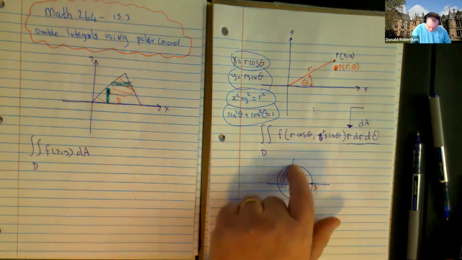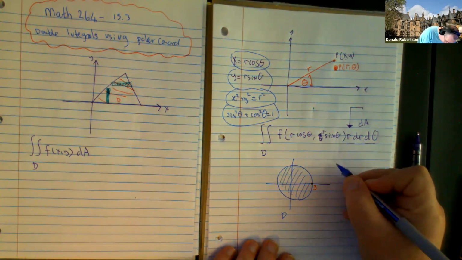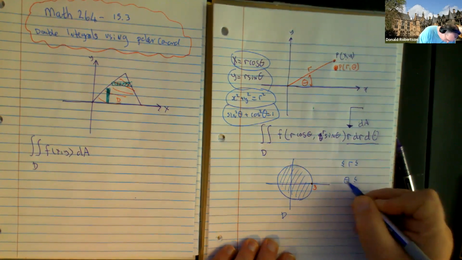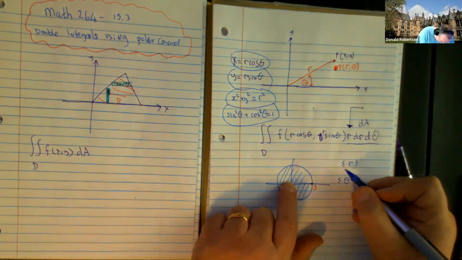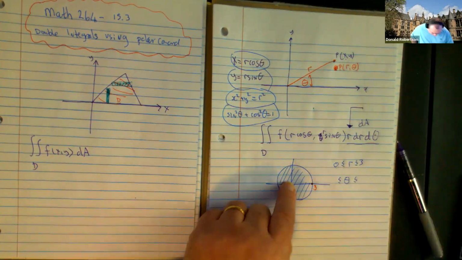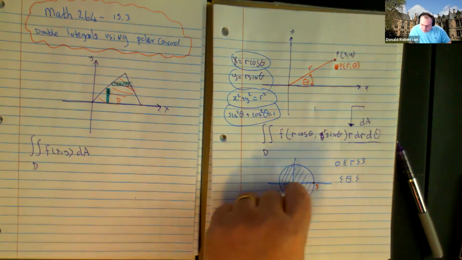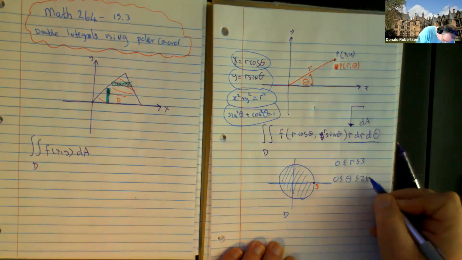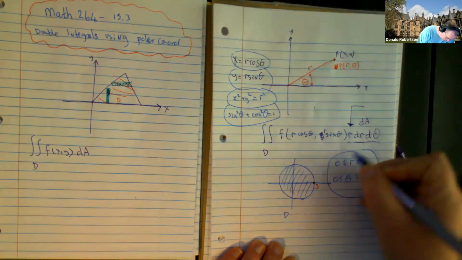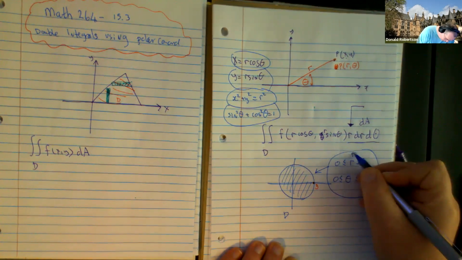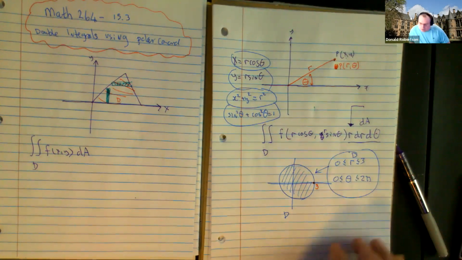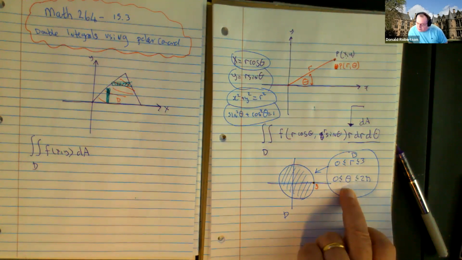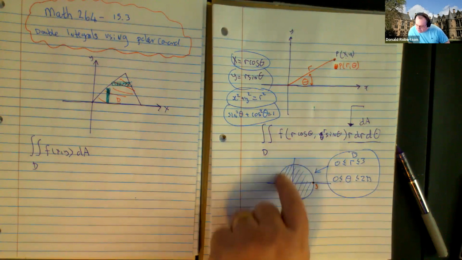So this is region D. If you want to describe it in terms of r and theta, because you need to do that in these questions, r is going to go from 0 to 3, because basically that fills in all the inside. And theta is going to start at 0 and finish at 2 pi. So that's what a complete circle of radius 3 would look like if you described it in terms of r and theta. Right, so it's every point inside as well.